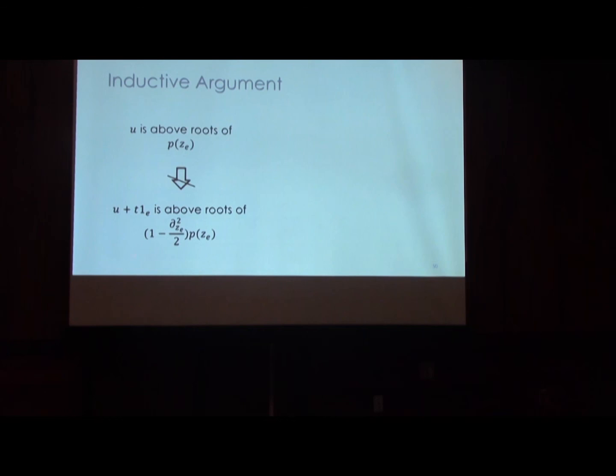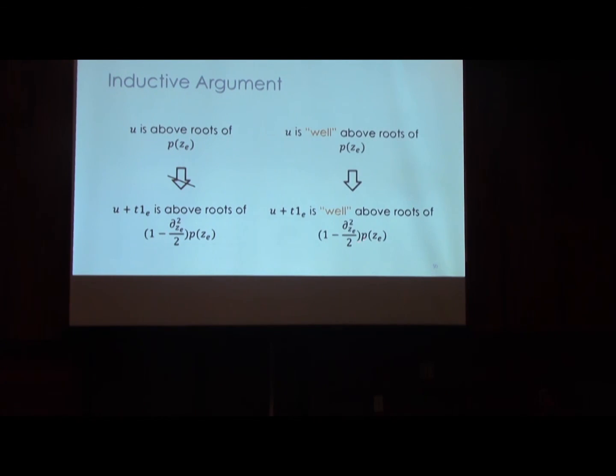If you manage to do this, you can continue inductively by applying the other 1 minus partial squared. And because whenever you're applying this partial, you're only moving in the EF direction, all of these directions would end up being orthogonal to each other, and you would end up at the point t times the all-one vector. That would be along the roots.